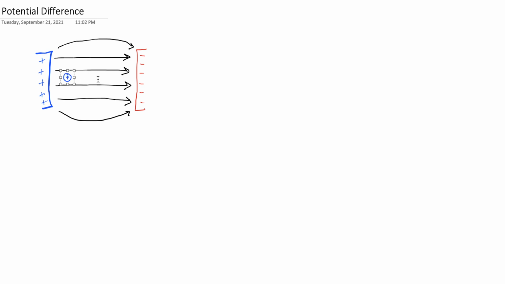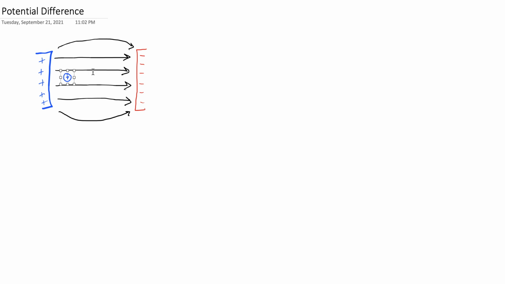If something is moving, it has energy. And because it's gaining speed, because F equals ma, it is gaining some kinetic energy.